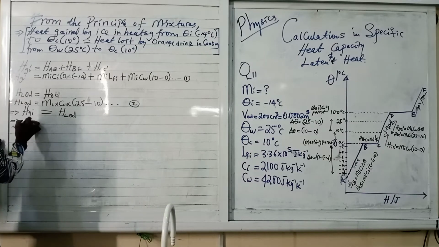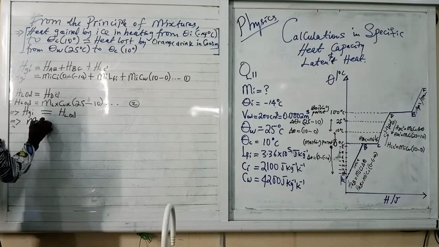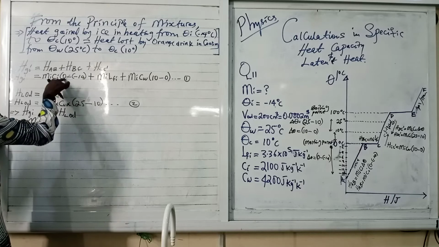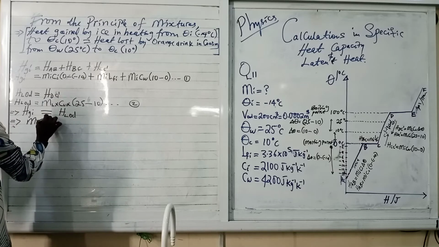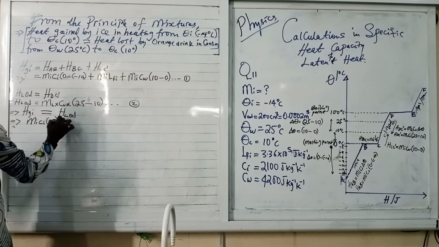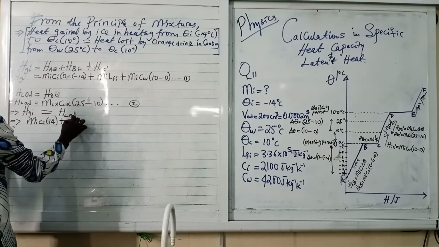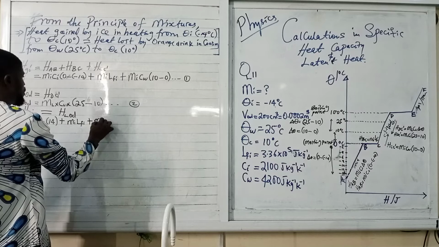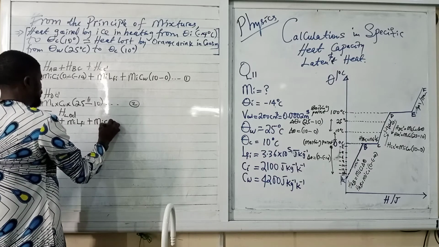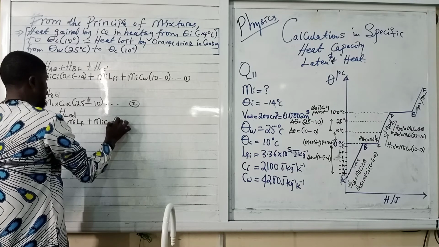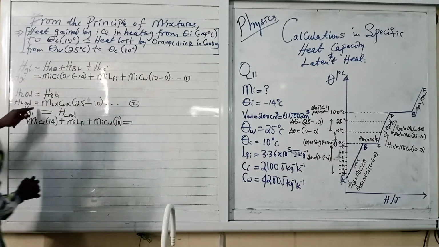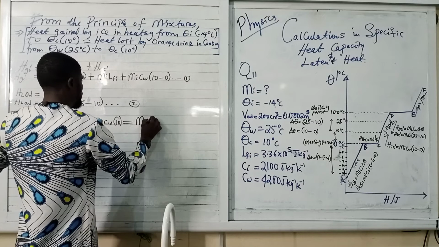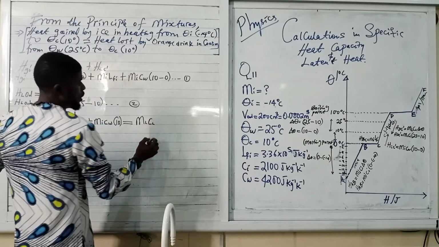This implies that mass of ice, C of ice, into, if we say 0 minus 14, we are going to have 14, plus mass of ice, specific latent heat of fusion of ice, plus mass of ice, specific heat capacity of water, into 10, is equal to heat loss by orange drink, mass of liquid, specific heat capacity of liquid, or we can equally say water.